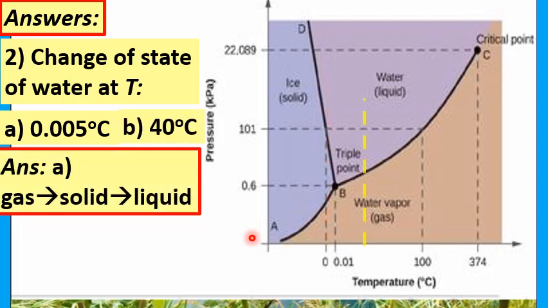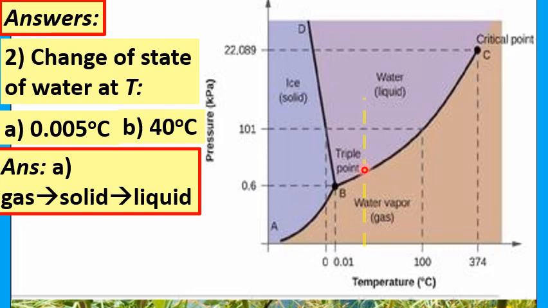Next, for letter B, how about at a temperature of 40 degrees Celsius? So 40 degrees Celsius, as shown in our figure, is now being highlighted. It is approximately at this point in our temperature axis. So as the pressure increases, notice that initially the state of water is a gas.